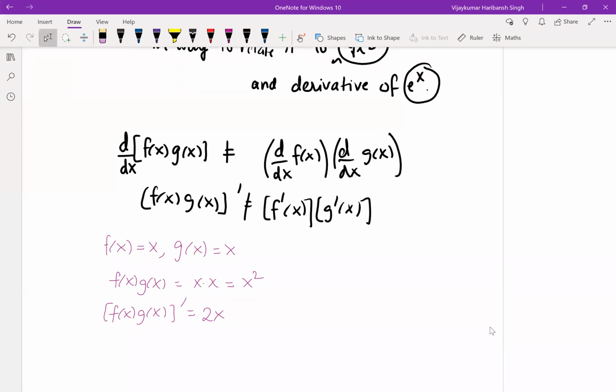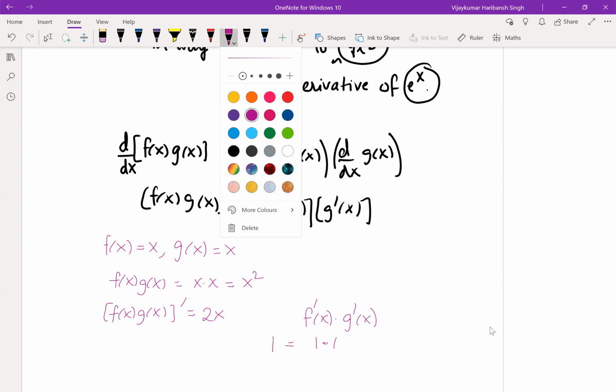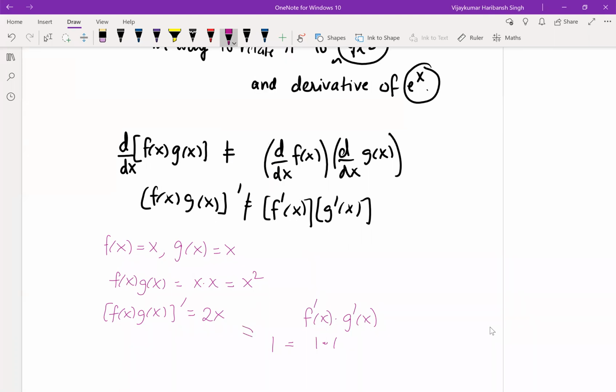But on the other hand, we have f'(x) times g'(x). So what is f'(x)? The derivative of x is 1, and the derivative of g(x) is also 1. So this is 1, and clearly these two are not equal. Okay, so the derivative of f(x)g(x) is not the derivative of f times the derivative of g.